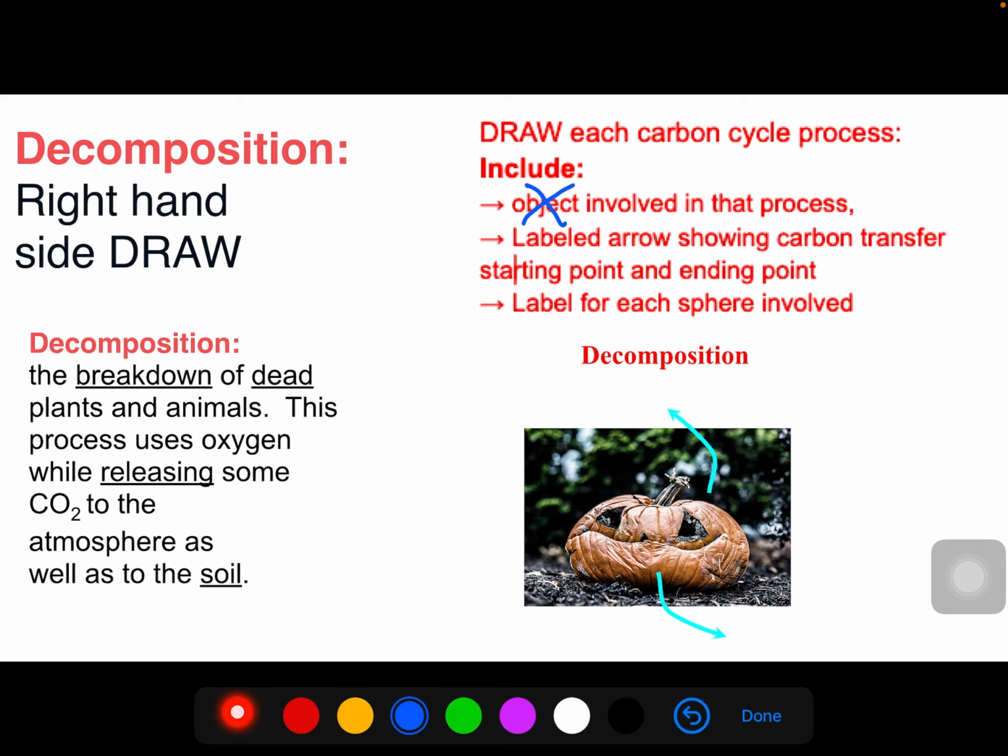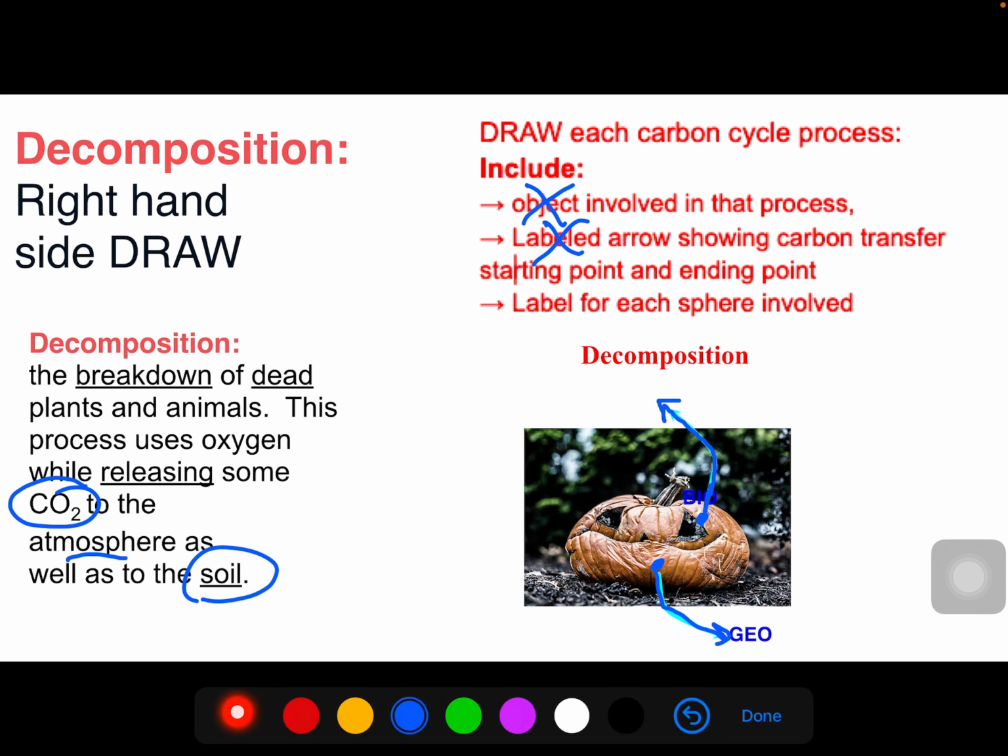I put in those arrows showing the carbon transfer. We have some going to the atmosphere, but also some going down into the soil. Those are my arrows showing where carbon starts and ends. So it starts at the rotting pumpkin and heads to those two locations.